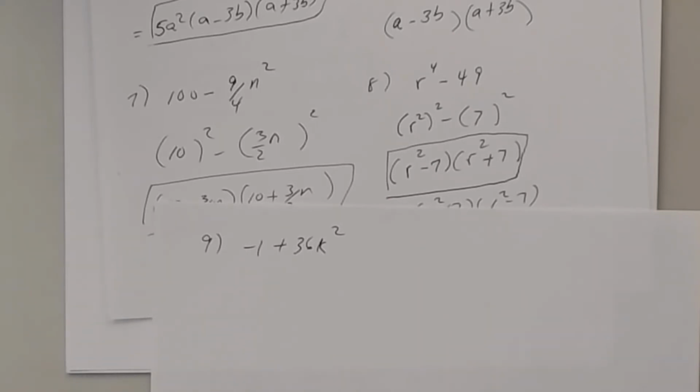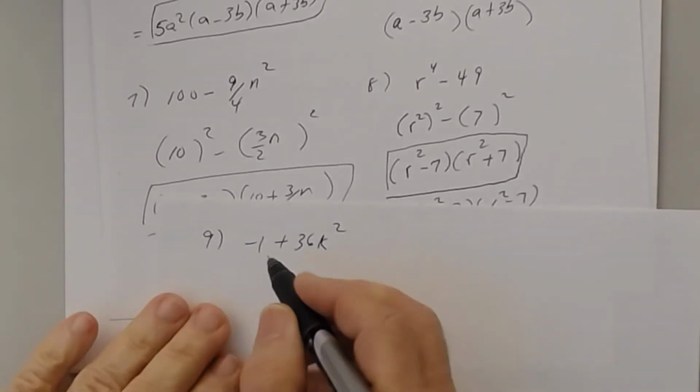Tell me something else about number 9. Okay, so you could factor out a negative 1, but that's not what I want you to do. But that's a good point. You can factor out a negative 1. Rewrite it. How? Put 36k squared first.